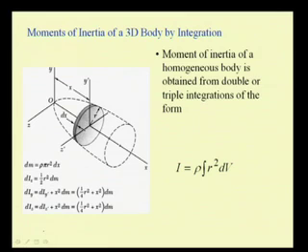So, here you see one object which is having two axes of symmetry, or it is an object of revolution with respect to this axis O x. So, about this axis O x, it is symmetrical.